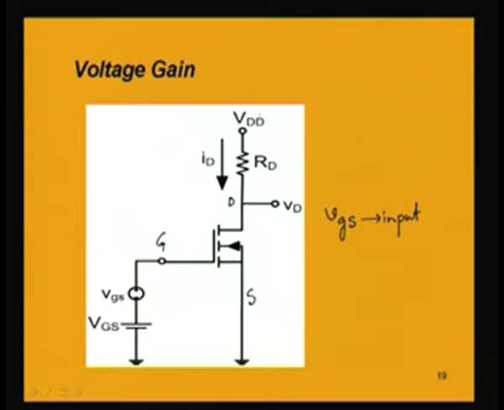Gate to source voltage must be kept positive and drain to source voltage must also be kept positive. To achieve that, we need the DC biases VGS and VDD capital.